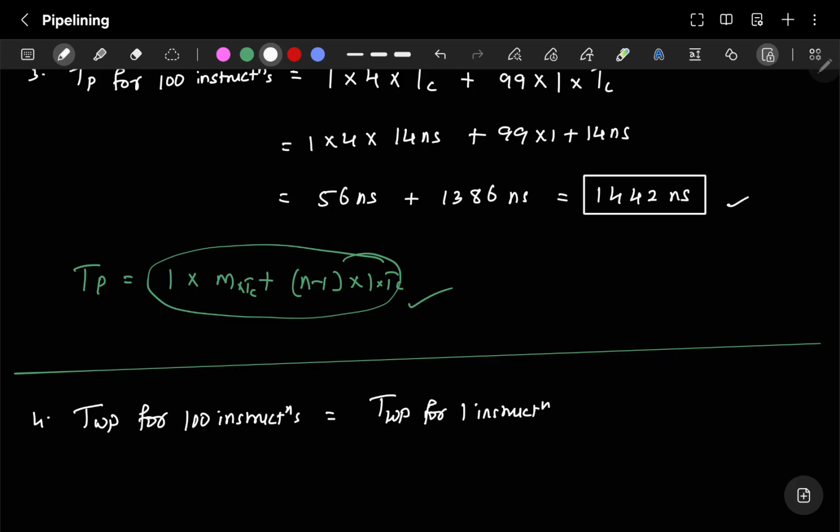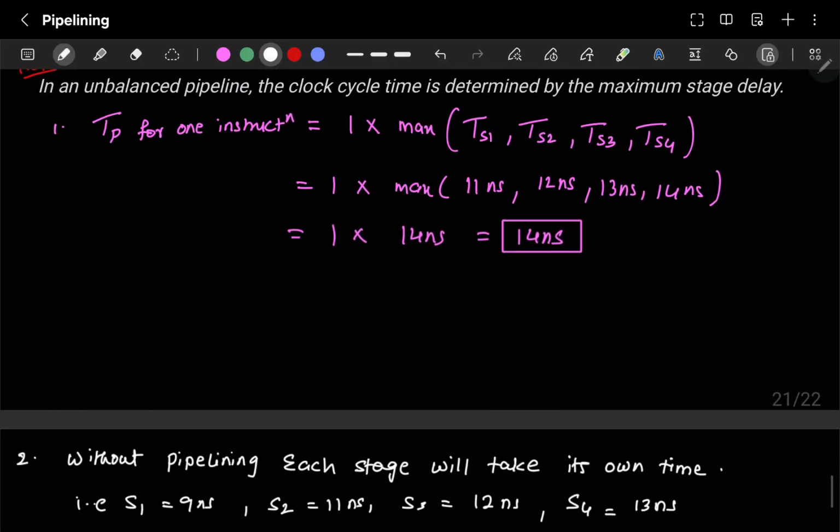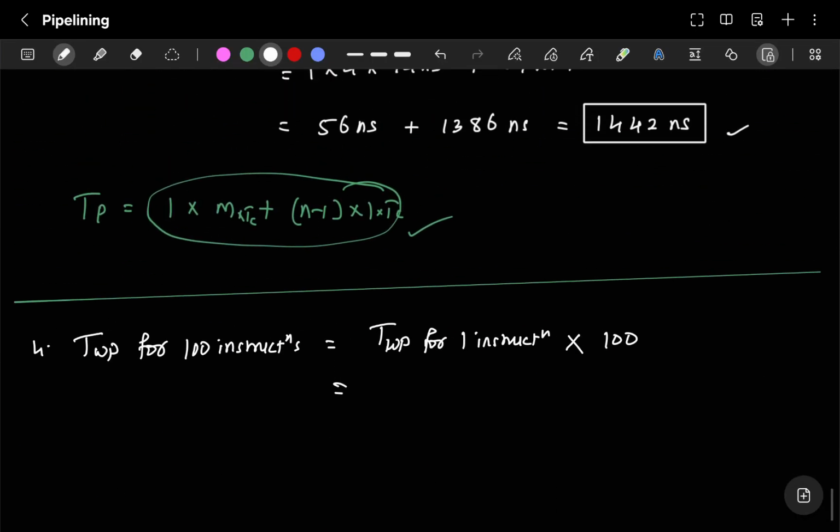You just calculate it, and after that, as there are 100 instructions, you multiply by 100, right? So what is the time taken for one instruction? Time taken for one instruction without pipelining we have already calculated, that is 45 nanoseconds, right? So 45 nanoseconds, and we have 100 instructions. So what would be the answer? 45 times 100 nanoseconds. This would be the answer.